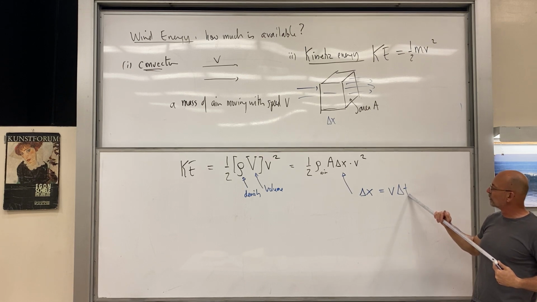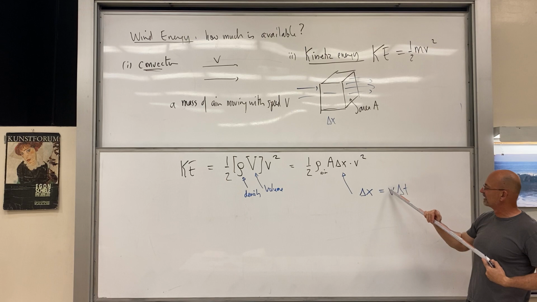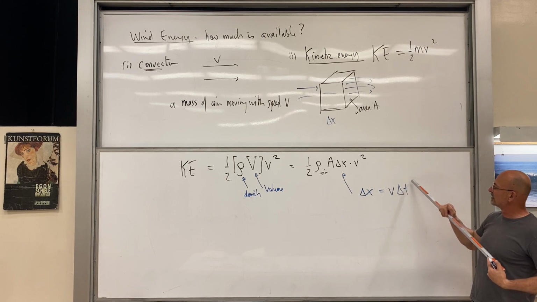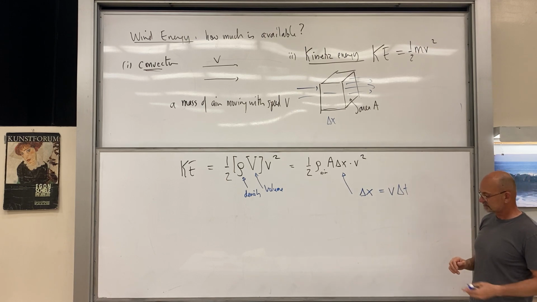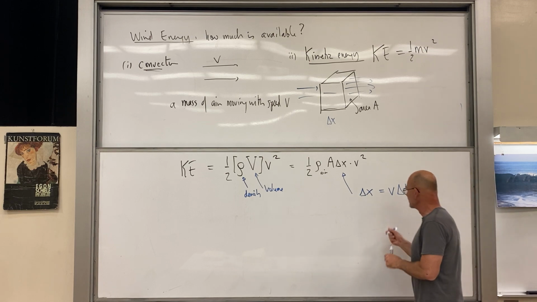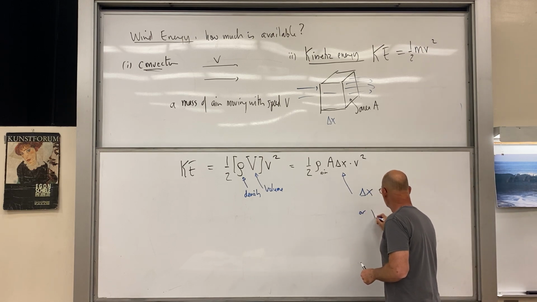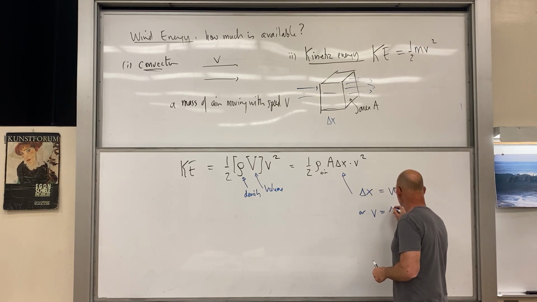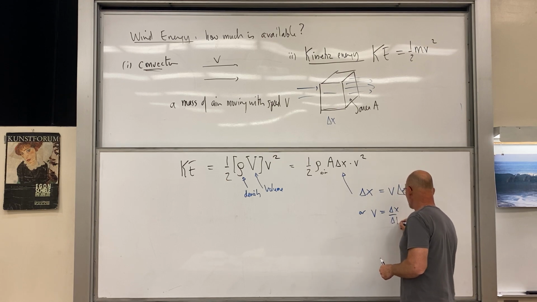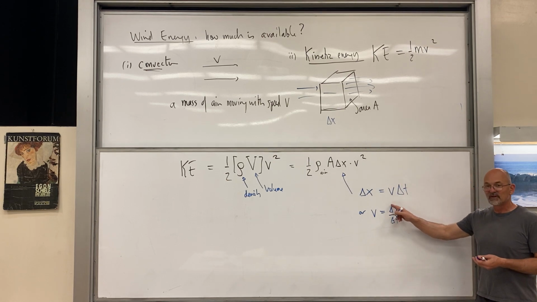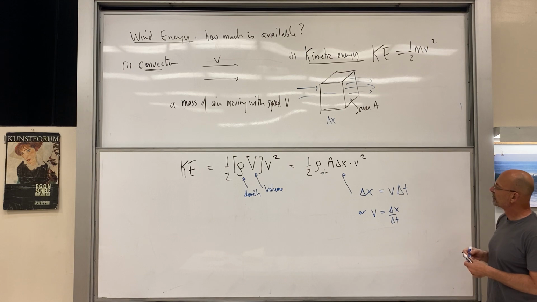Distance is rate times time. And of course that's equivalent to v equals delta x divided by delta t. That's how we've learned about speeds, velocity, distance over time.